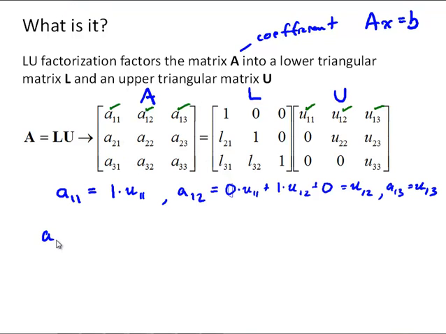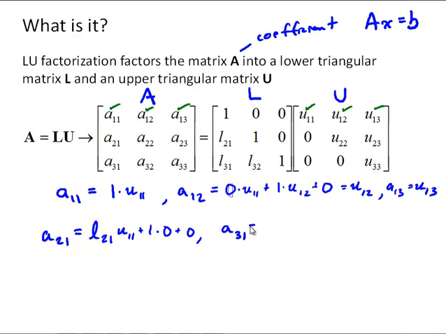So A21 is equal to, now we're in the second row, first column, L21 times U11 plus 1 times 0 plus 0. Let's go ahead and do A31 next.